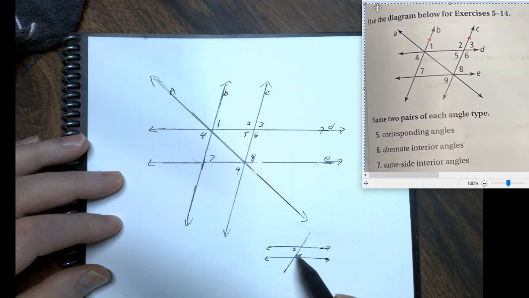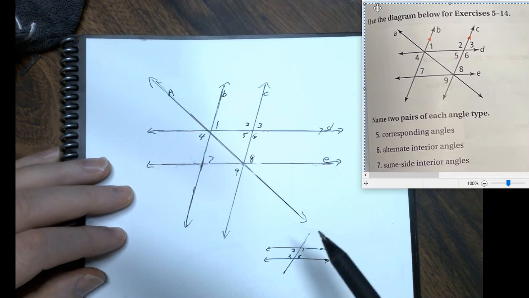This is our transversal that's cutting into them. Interior angles, alternate would be 3 and 5. And if we had this identified as 1 and 2, all of these would be considered the interior, but alternate interior would be 1 and 2. So it's the opposite side internally of the line that's bisecting the two parallel lines.